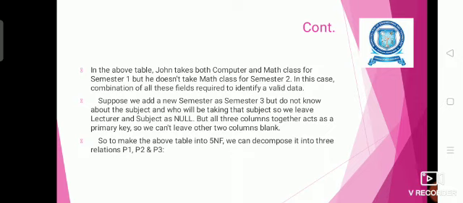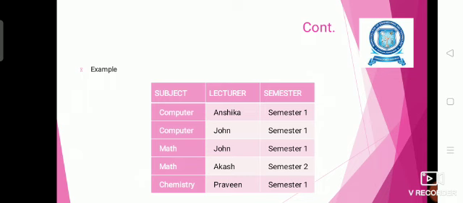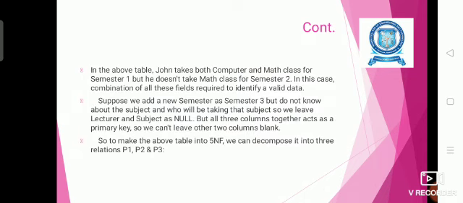So we leave the lecturer and subject columns with null values. But here the problem is all three columns together can only act as the primary key. So we can't leave any of the columns with a null value.